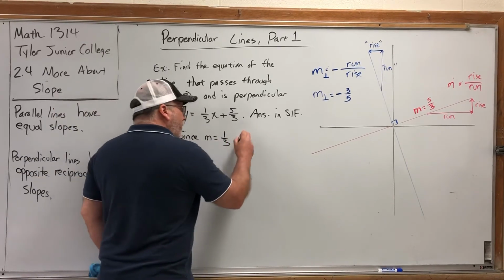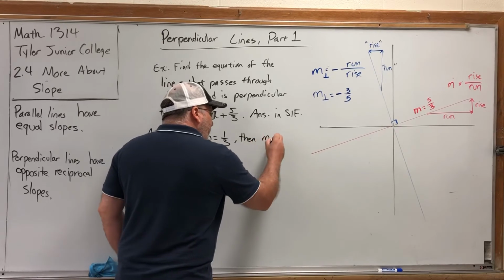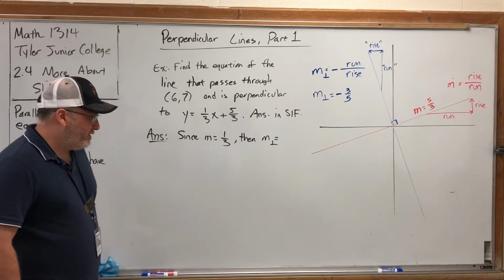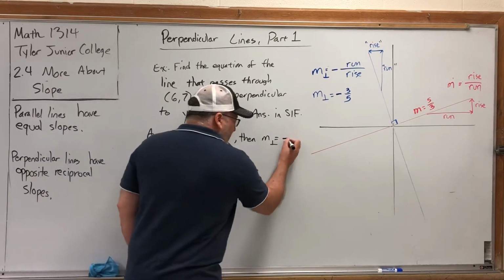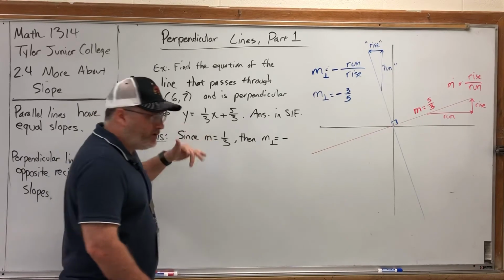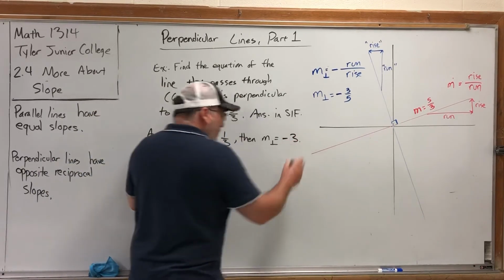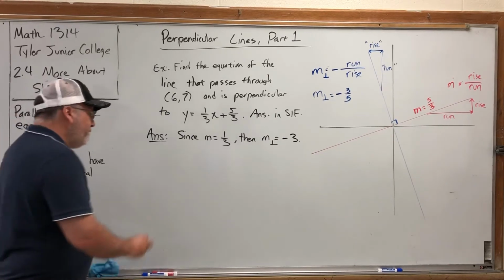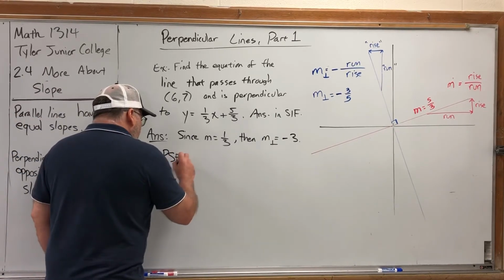Since the slope is 1/3, then what will the perpendicular slope be? Well, if I take its opposite, it's going to be negative. But if I take its reciprocal, it's 3/1. But 3/1 is better known as 3. So we're going to use a perpendicular slope of -3 along with point-slope form.